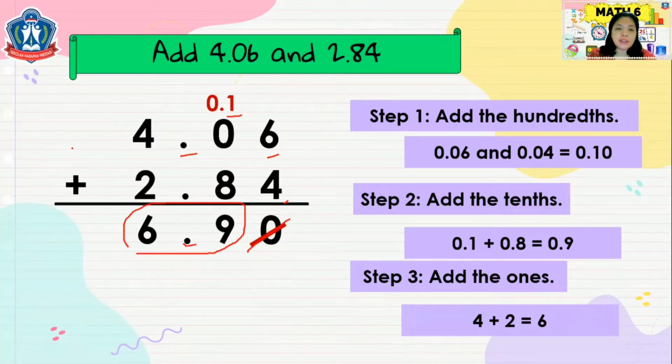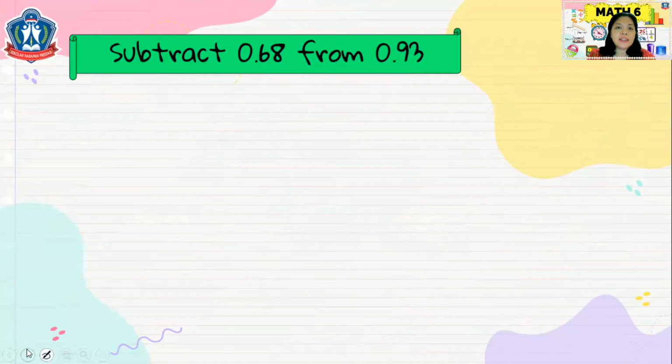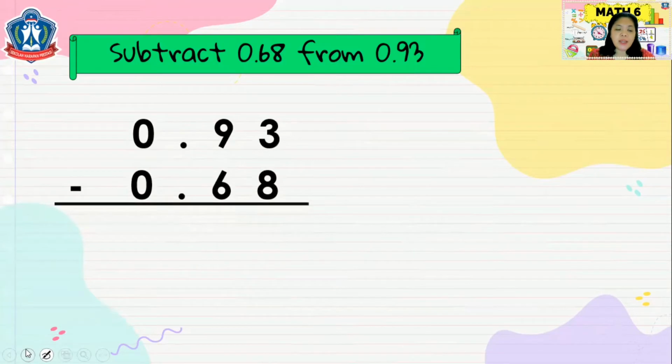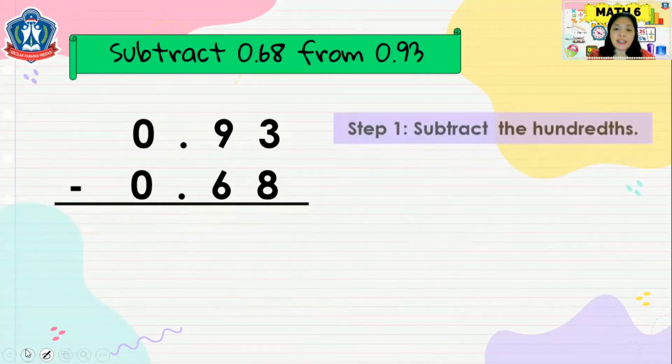So again, don't forget to put the decimal point. Okay, children, so this is how to add decimals. Now let's go to subtraction. So let's subtract 0.68 from 0.93. So again, the same rule, we will align the numbers based on their place values, and we will start subtracting from the smallest place value, and that is the hundredths.